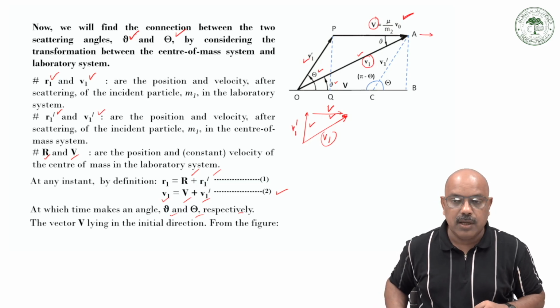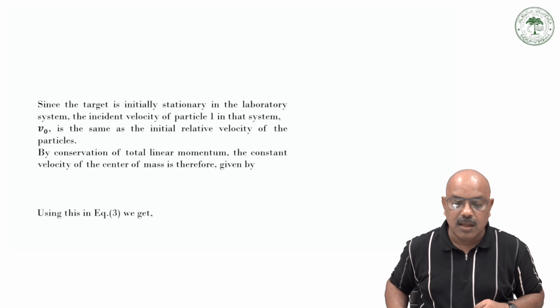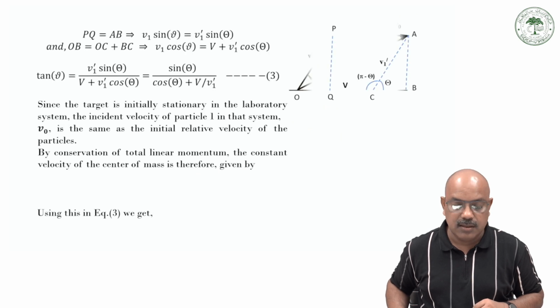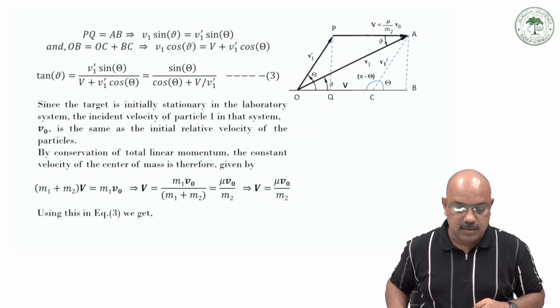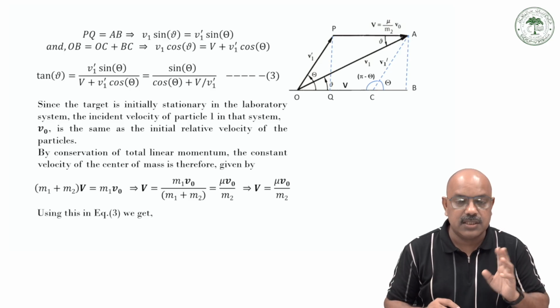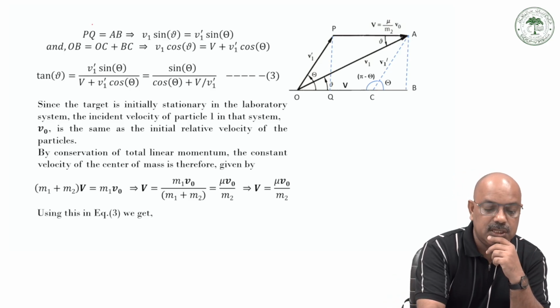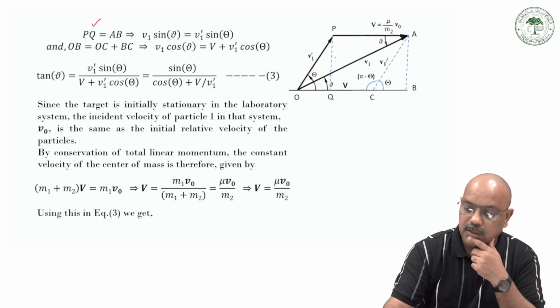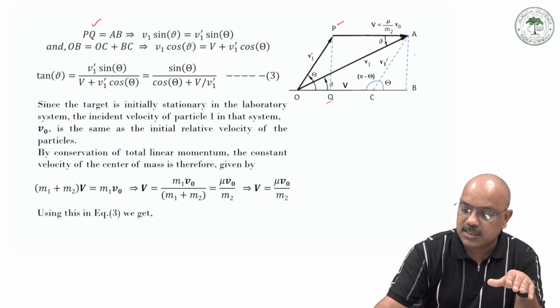Now we can have the second set, which is PQ. So what is PQ? P is here and Q is here, this perpendicular distance, and this is again equal to AB, this distance.